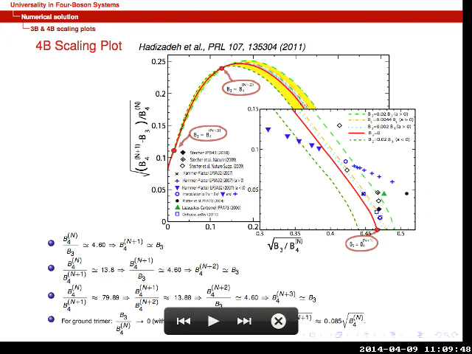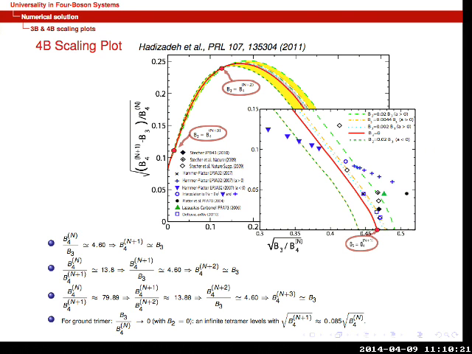The point is that if we go exactly to this point, where we have B3 equal to 0, or B3 over B4 n equal to 0, and B2 is also equal to 0, it means that we can have an infinite number of tetramer states below the ground trimer with an energy ratio of about 140.